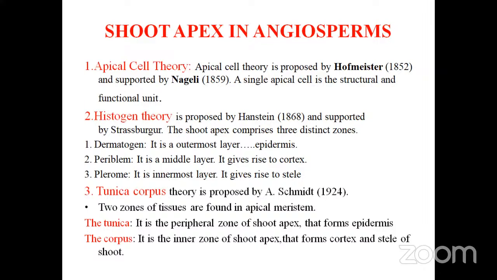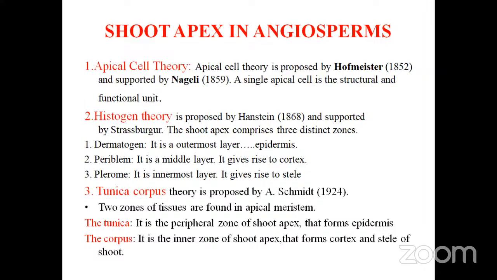This is important. Shoot apex theories in angiosperms are important, and root apex theories in angiosperms are important. First of all, the apical cell theory. I already told you from the beginning, the pteridophytic theory, the pteridophyta apical cell theory.